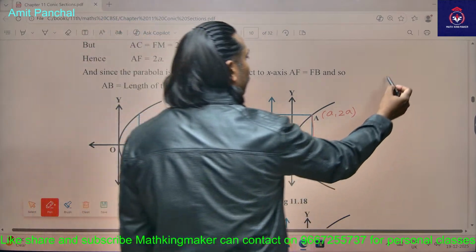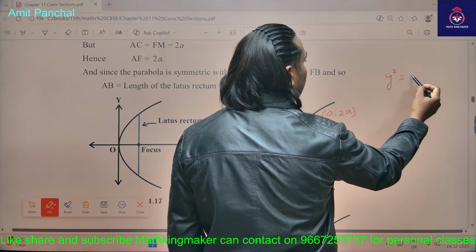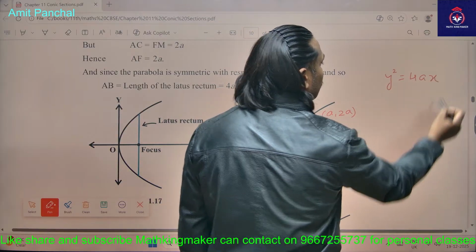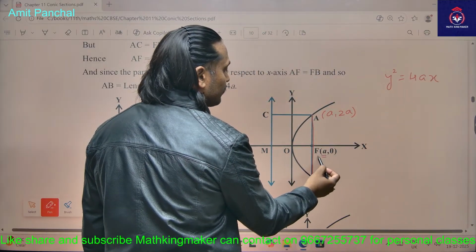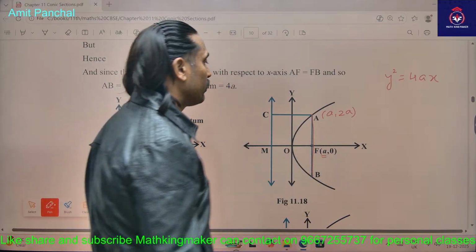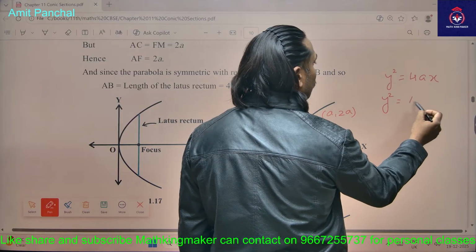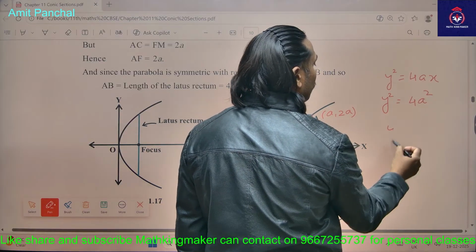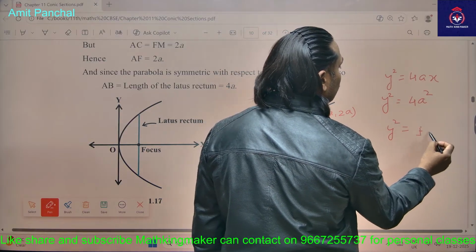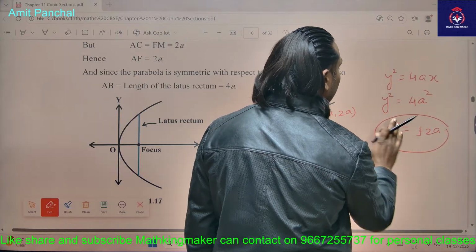Your equation is y square is equal to 4ax. If you put x as a, what value of y do you get? y square equals 4a square, so y will be plus minus 2a, isn't it?